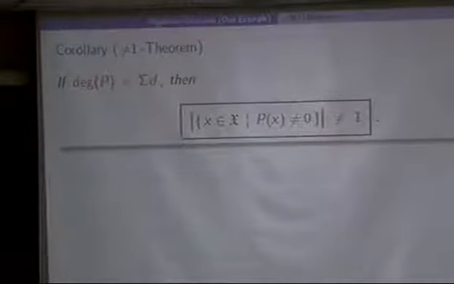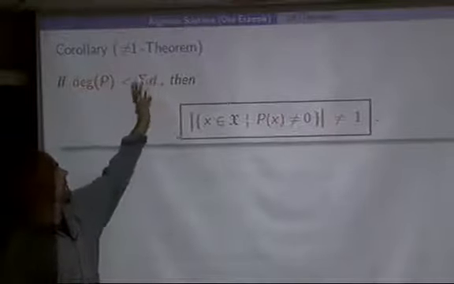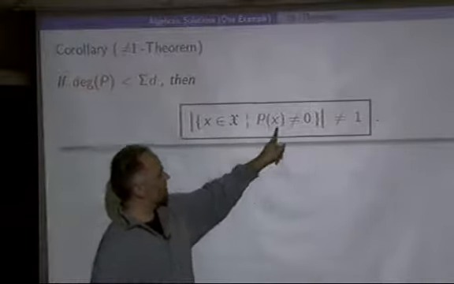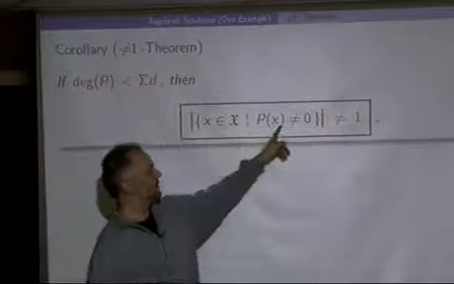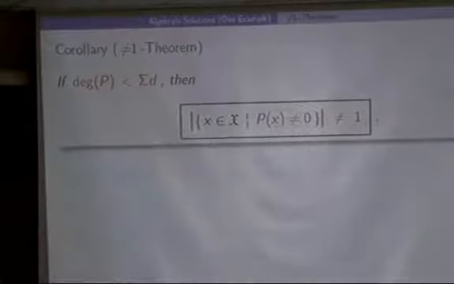You can guess. We'll come to it later. Okay? And here we have this formula. If the degree is smaller than d1 plus d2 plus dn, then the set of non-zeros here, all points in the grid where the polynomial doesn't vanish, that's not exactly 1.